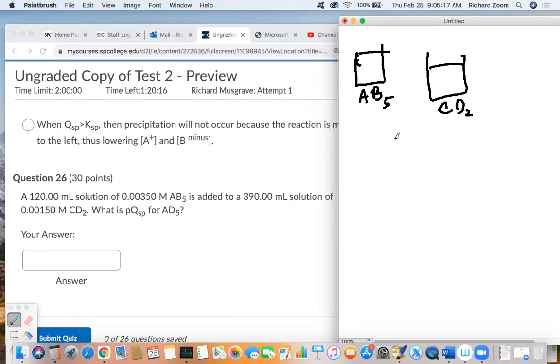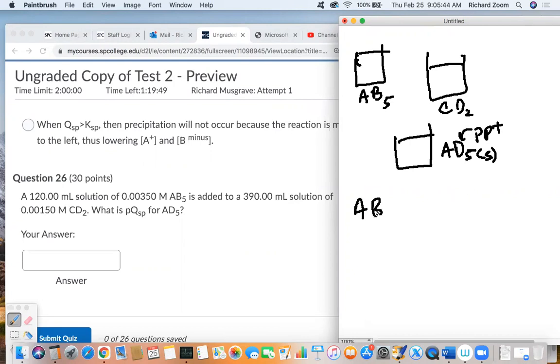And we're looking for the precipitation, possibly, of AD5. So that's the precipitate there. And that's what we're told. We're told this in the problem. Okay, any questions so far?